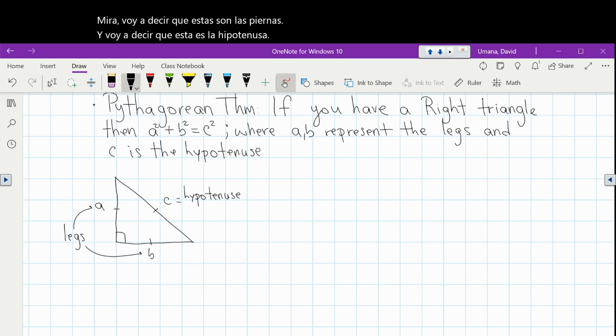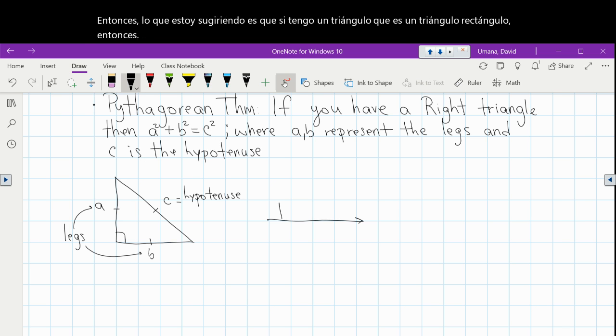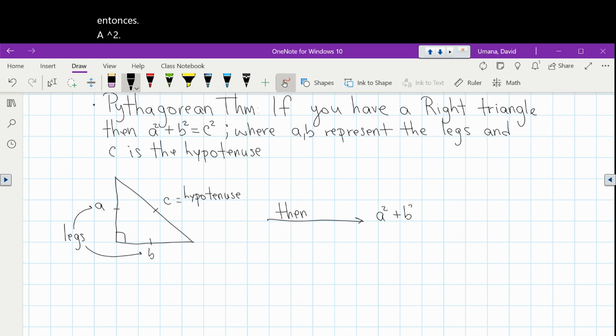So if I have a right triangle, then this is true. A squared plus b squared equals c squared is true.